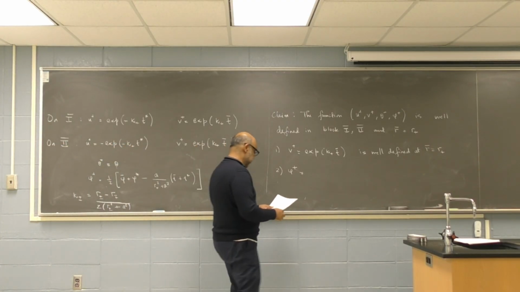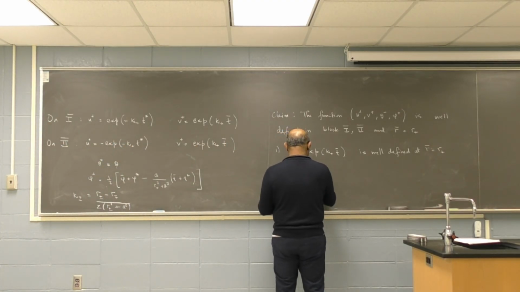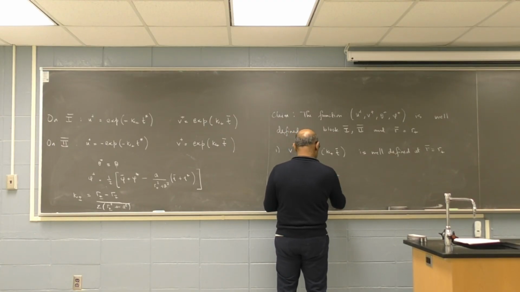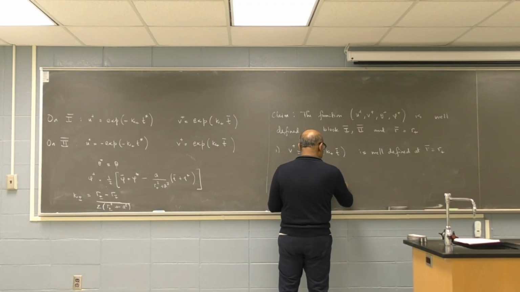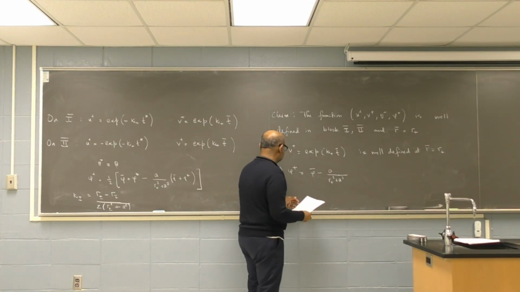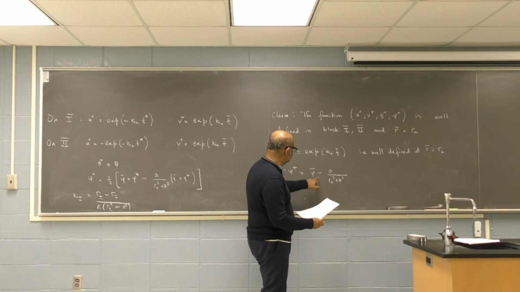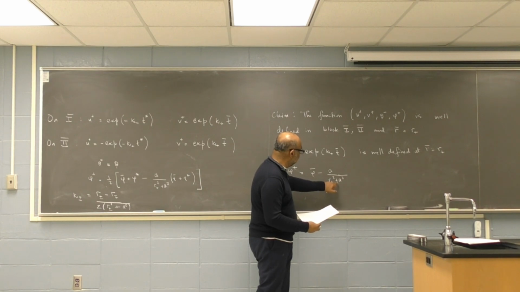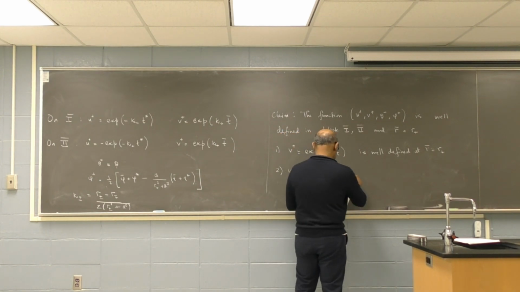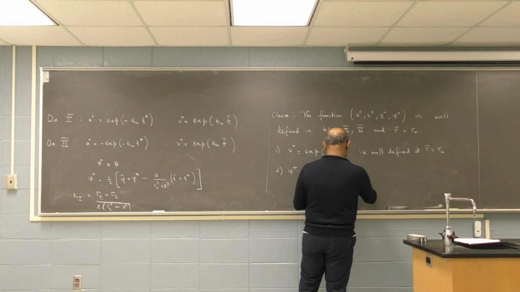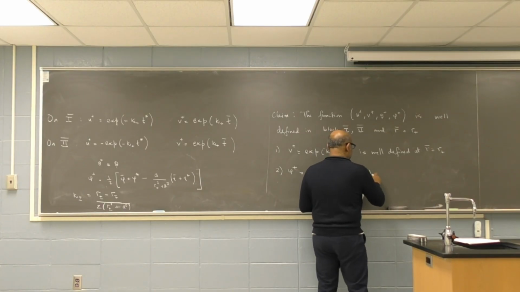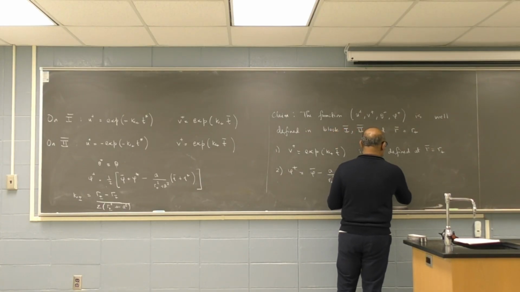And when I do, I get phi plus is equal to phi bar minus A over R plus squared plus A squared T bar minus A over R plus squared plus A squared T. Again, I'm reading this out because of all the subscripts.